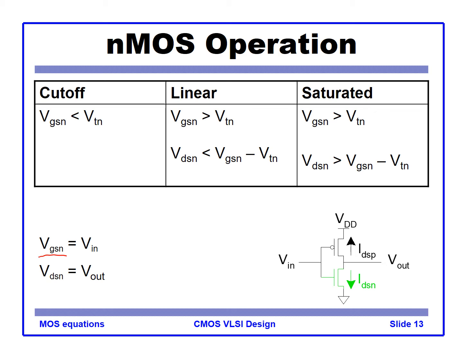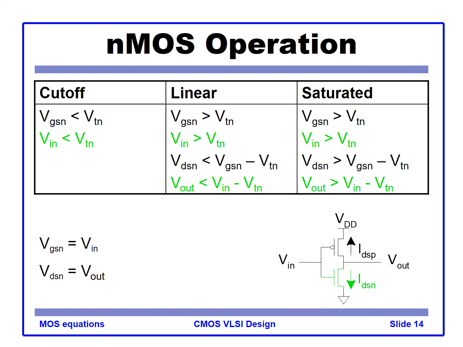Since VGSN is equal to V in and VDSN is V out, we can replace that in the equations. So V in less than VTH is cutoff, V in greater than VTH and the output less than the overdrive voltage is linear, and the output greater than the overdrive voltage is the saturation region.